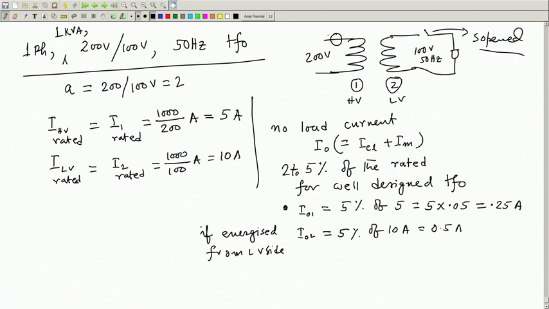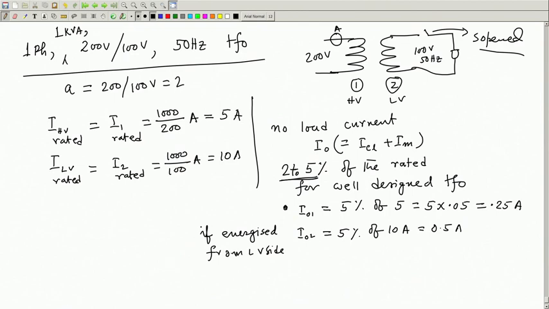Do not connect a 0 to 30 ampere range ammeter to record a current of 0.25 ampere. So, I can decide upon the range of the ammeter if I know this information, that the no load current is of the order of 5%. And this 5% is not a unique value, that is, given a transformer you can expect it will be close to this current, but the exact current I can in any case measure, because the no load current can be about 2 to 5% of the rated current. You must understand that.